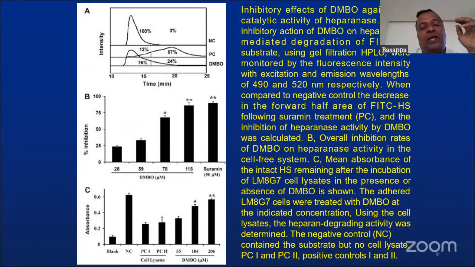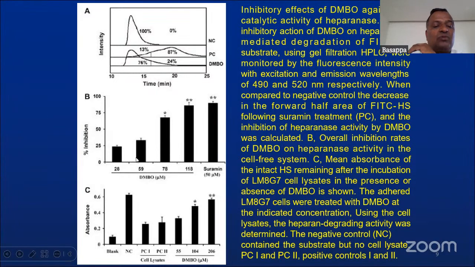That means the catalytic activity of heparinase decreased when DMBO was present, so the sulfate chain was not degraded. This study clearly explains the in vitro heparinase enzyme inhibitory activity.